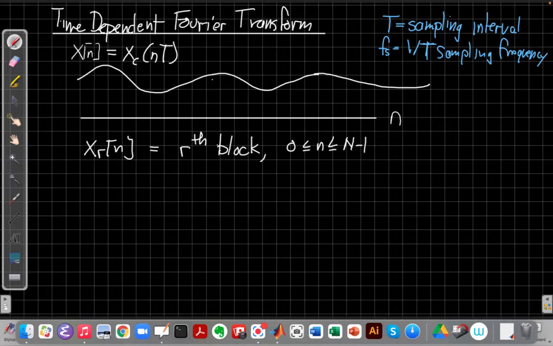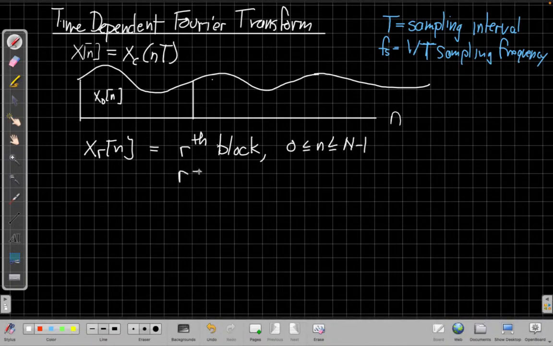If I draw those blocks by taking apart this signal up here, I'm going to use different colors to indicate them. My first block will start from r equals 0, so r goes from 0 upwards. This is x sub 0 of n that will go from 0 up to N minus 1. Then the next block, I'm going to show in the case which is often common where we have the blocks half overlapping.